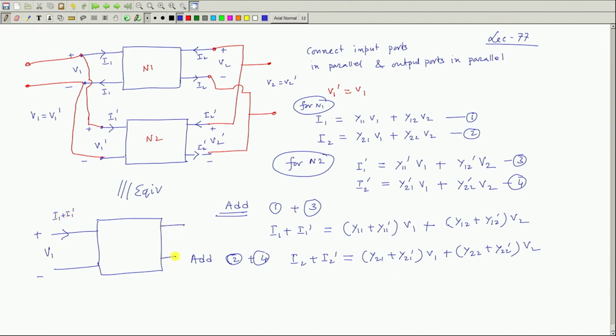Similarly, this side will be equal to V2, and as you can see, this current is I2 plus I2 dashed.